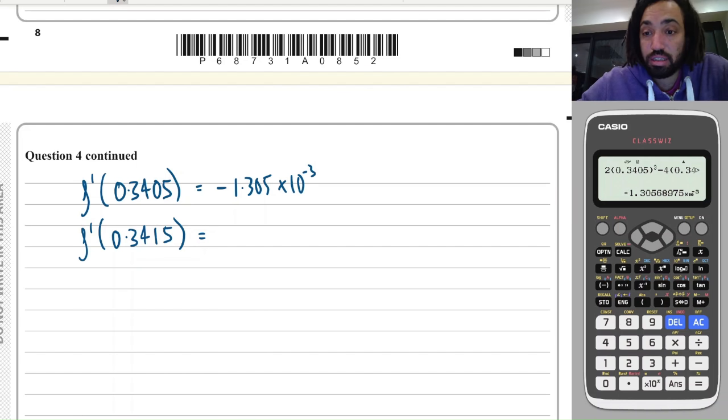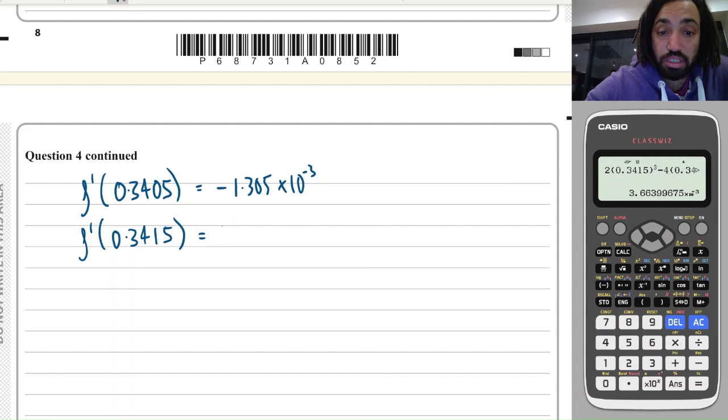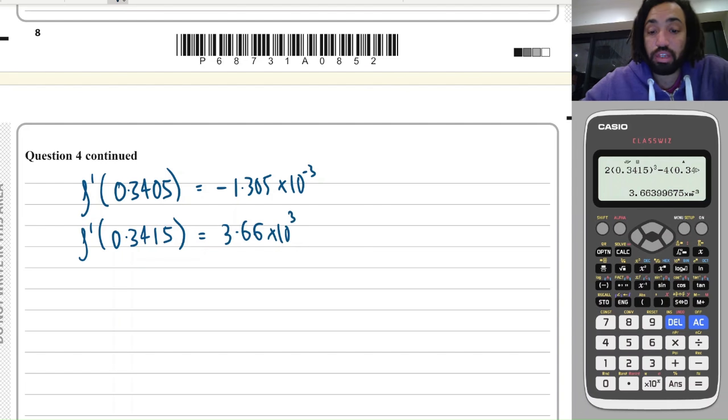And then let's go back to our calculator and just change these to 0.3415. And hopefully we will get a positive number. Fingers crossed. Very close to 0. Yes, very good. So 3.66 times 10 to the minus 3.